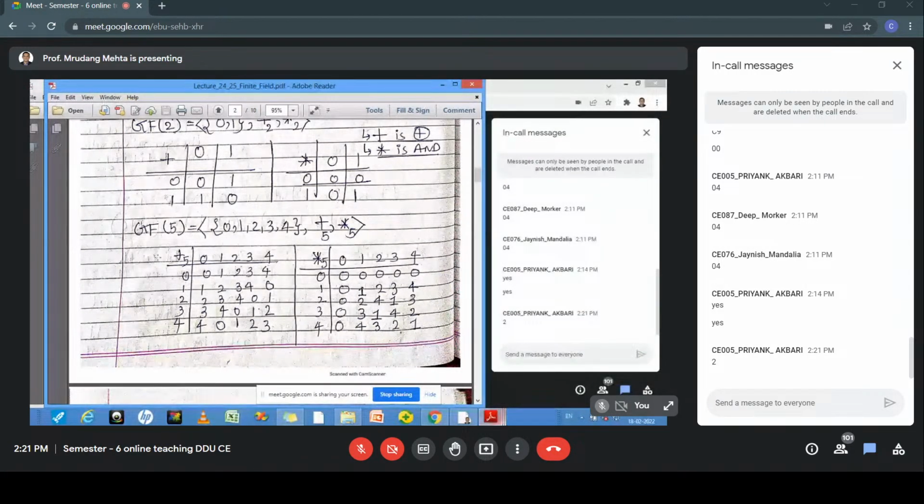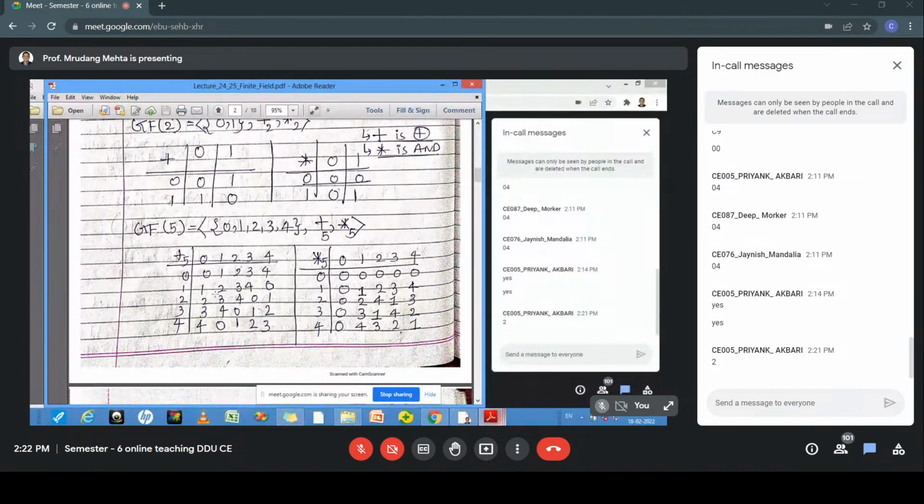So 0 plus 0, what is the value? 0. 0 plus 1, what is the value? 1. 0 plus 2, value 2. 0 plus 3, value 3. 0 plus 4, value 4. Similarly, 0 plus 0, 1 plus 0, 2 plus 0, 3 plus 0, 4 plus 0, that is 0.